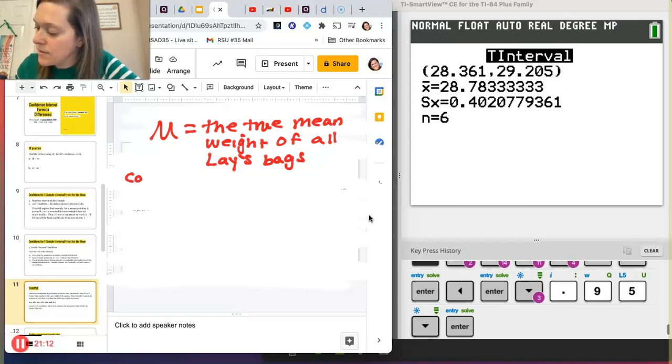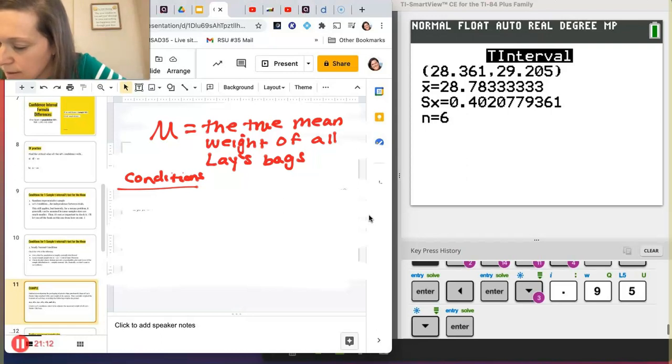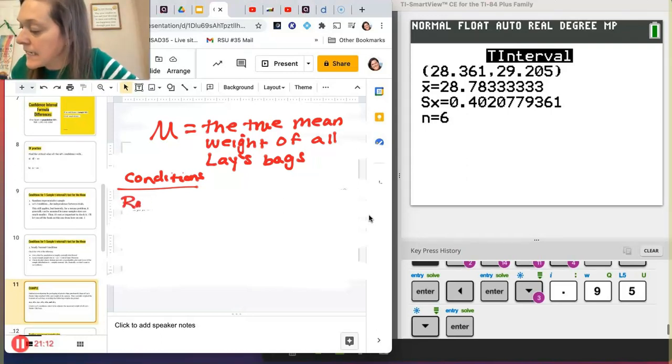My conditions, assumptions and conditions: do we have a random sample? Did they tell us we had a random sample? Nope. Okay, so random wasn't stated.